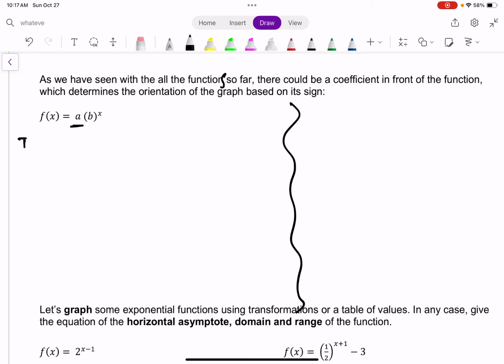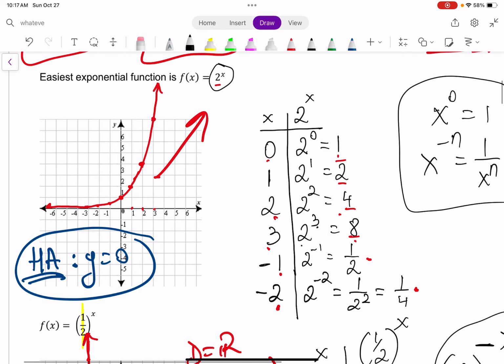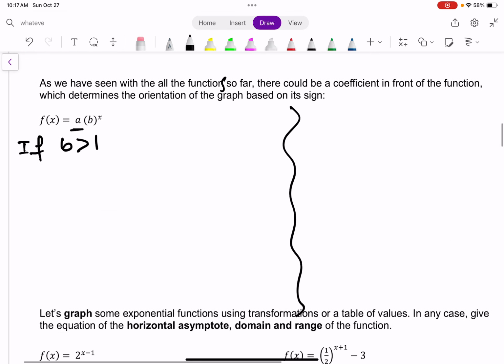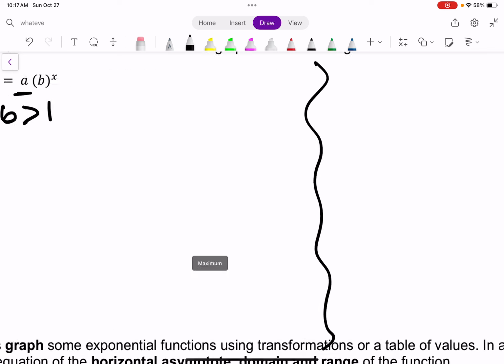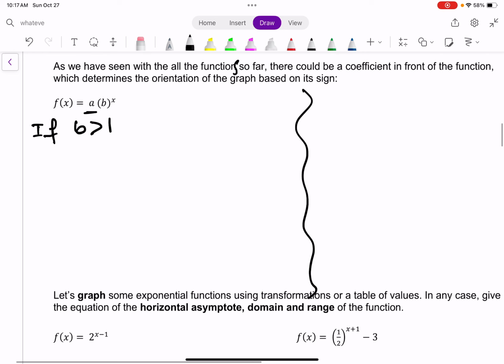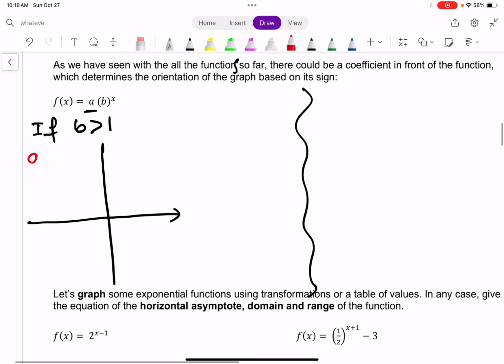If, first of all, the base is a number more than 1, like the 2 to the x we discussed here, then your graph will be increasing. Now, it also depends on if a is a positive value or a negative value.